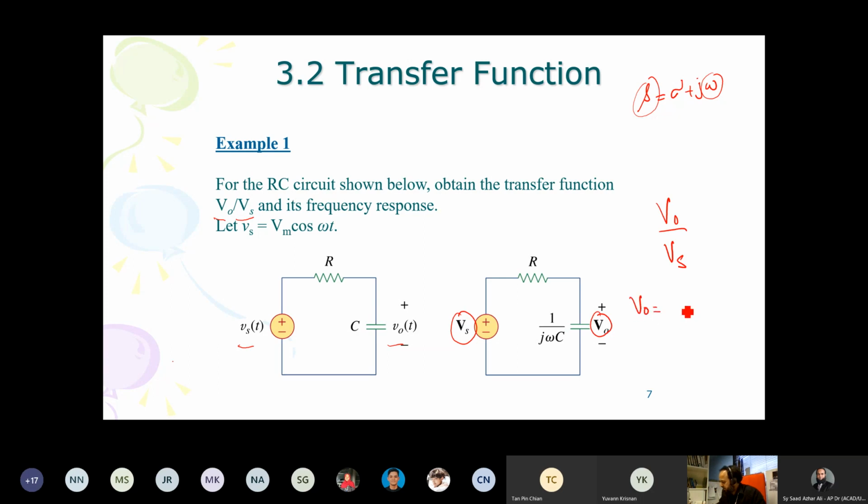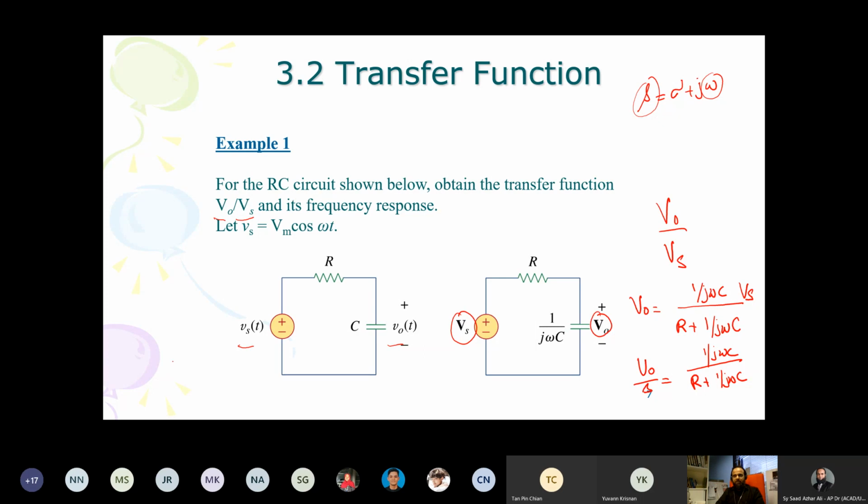So V naught is voltage division on this: 1 upon j omega c upon R plus 1 upon j omega c, times Vs, or V naught upon Vs is 1 upon j omega c upon R plus 1 upon j omega c. Is that right?